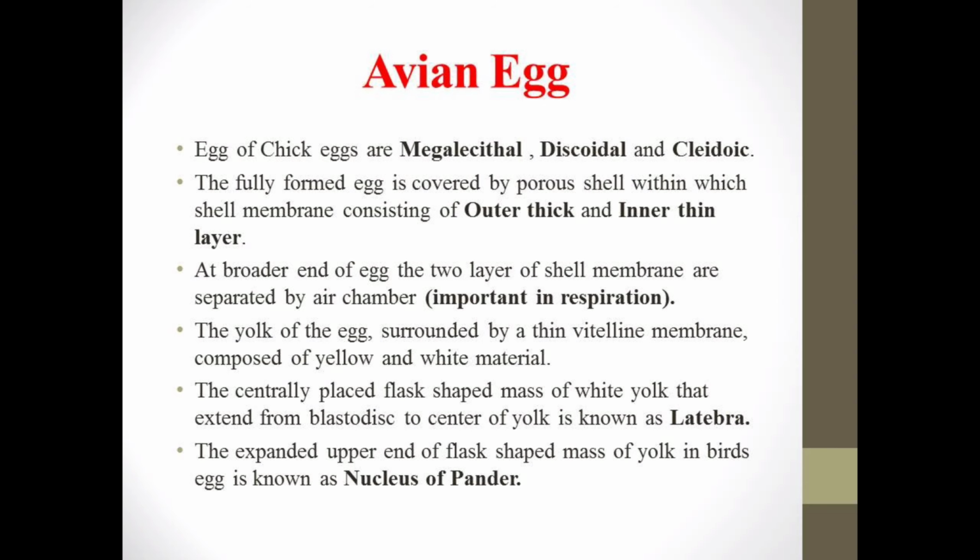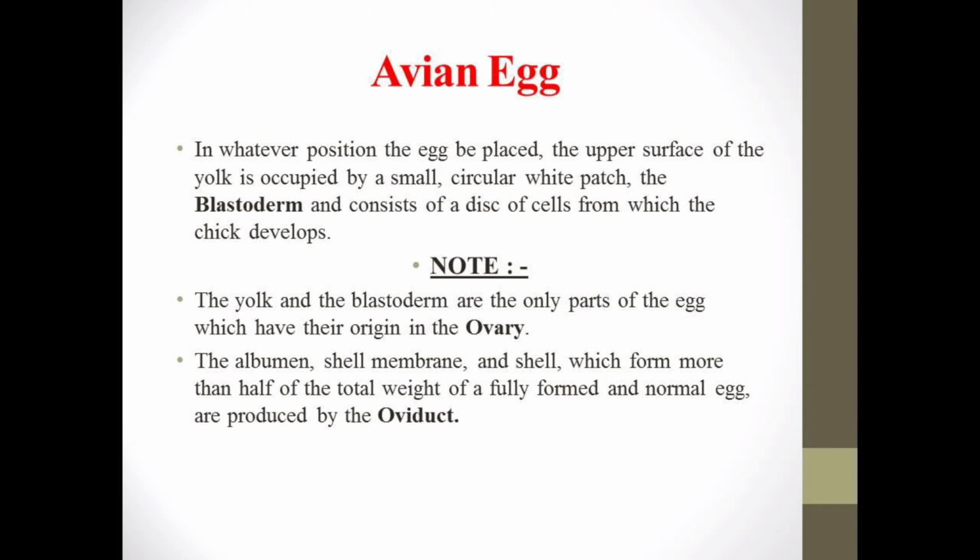And in whatever position the egg is placed, the upper end of the yolk will be occupied by a circular white patch known as the blastoderm, consisting of a disc of cells from which the chick will develop.